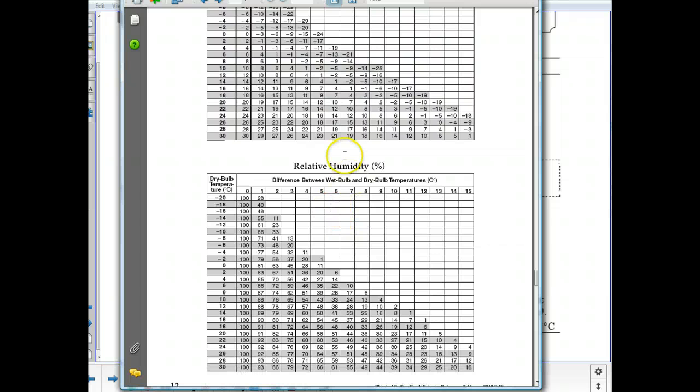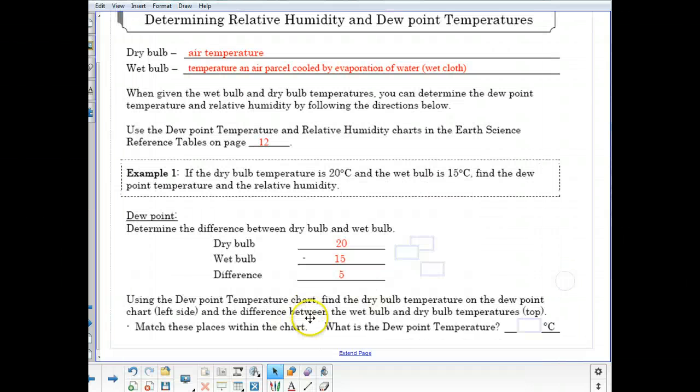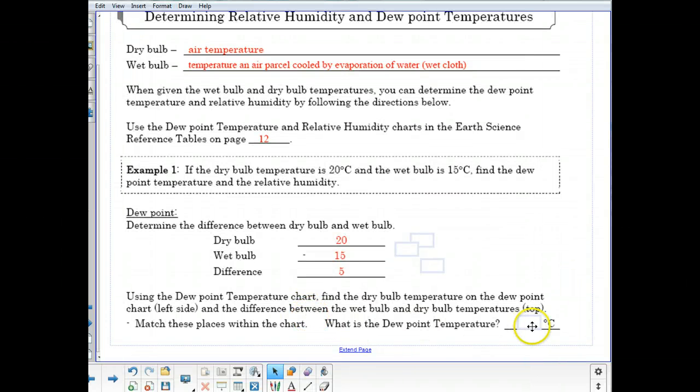If I do the same thing for the relative humidity, 5 degrees is my difference between the wet bulb and the dry bulb, and you go down to 20, which is right here, you would have 58%. So it's at 58% humidity, and 12 degrees for the dew point.